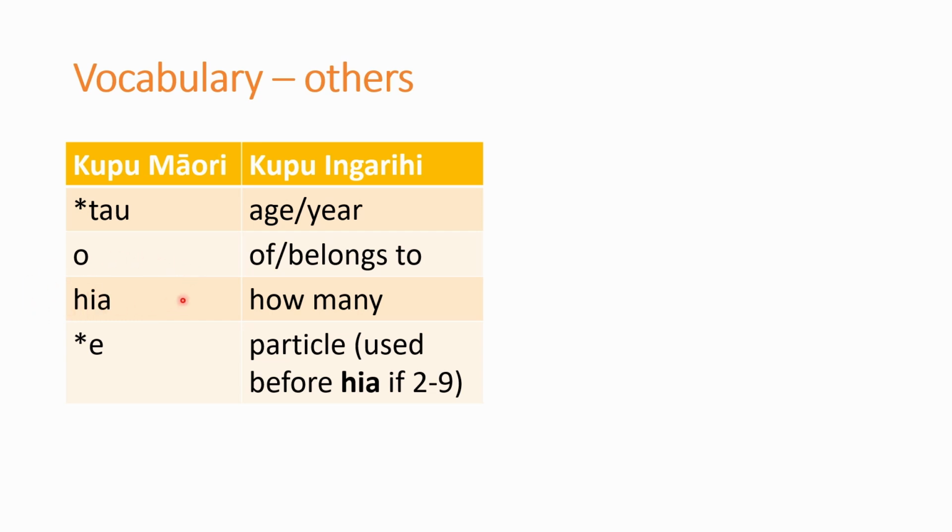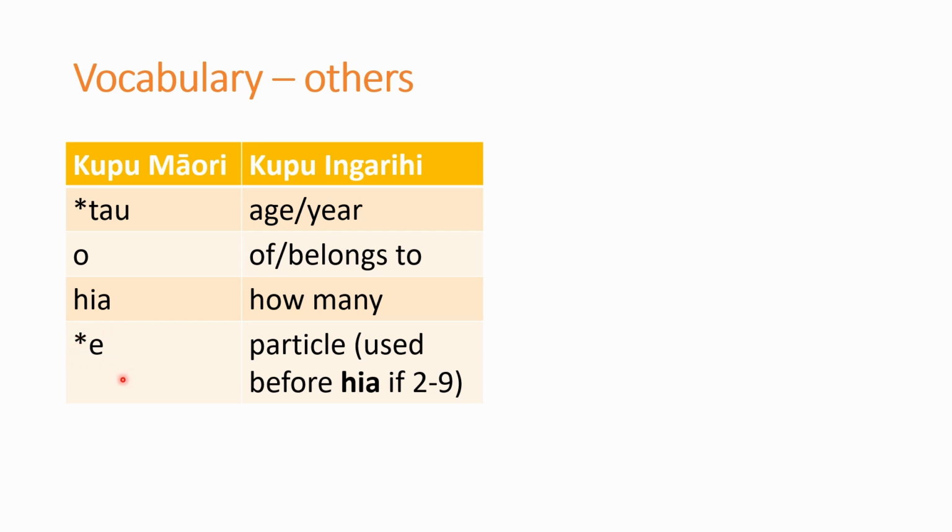E hia means how many, and whatever the particle that comes before hia determines whether you're counting objects or humans, etc. And in this unit we'll be focusing on the e particle.